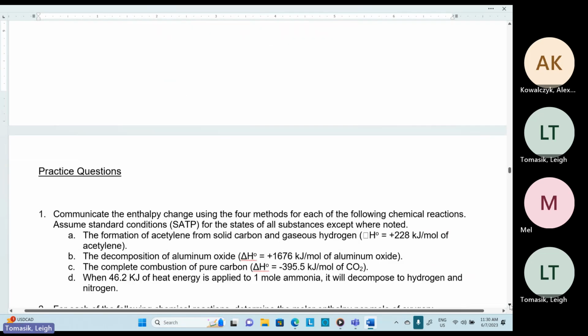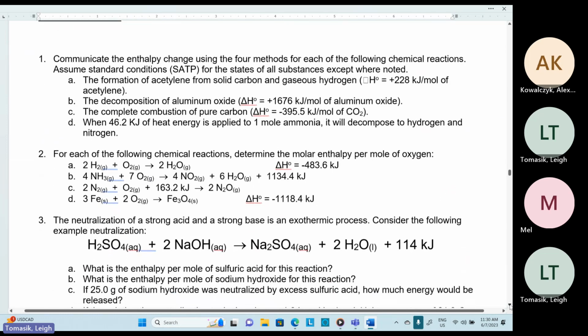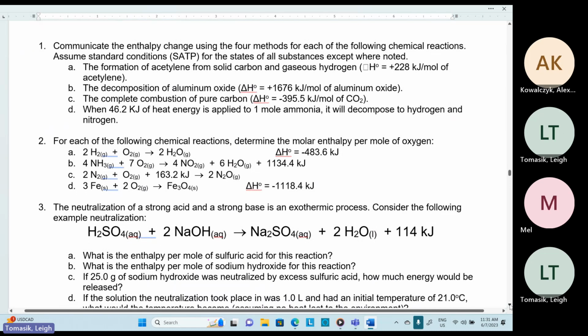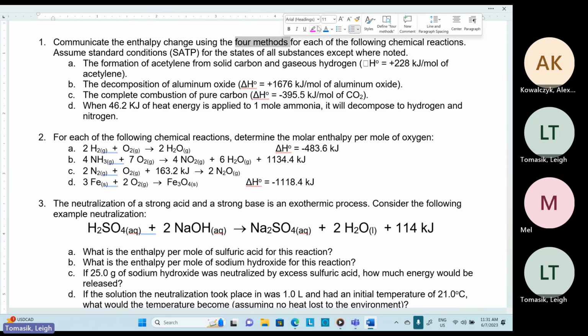Again, we have some practice questions here. The practice questions are pretty easy compared to the other ones. Okay, it says communicate the enthalpy change using the 4 methods for each of the following chemical reactions.